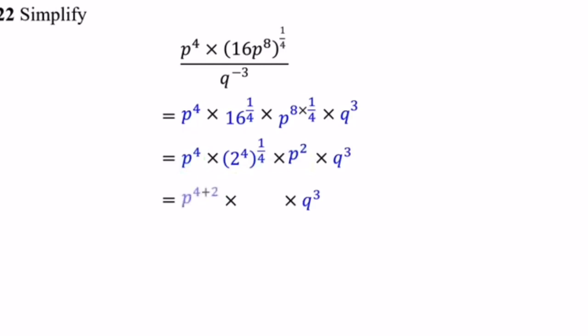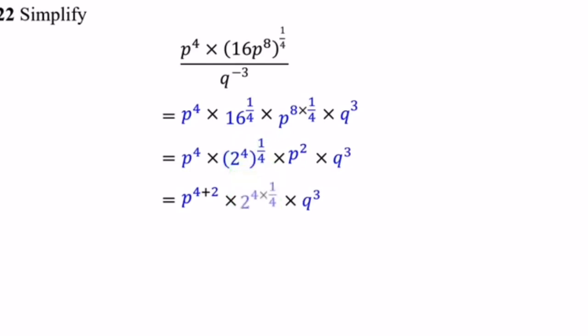When you multiply the two with the same base, you will add the index, 4 plus 2. And then the 2 power 4 and 1 over 4, you can actually simplify to become 2, right? Finally your answer will be 2.